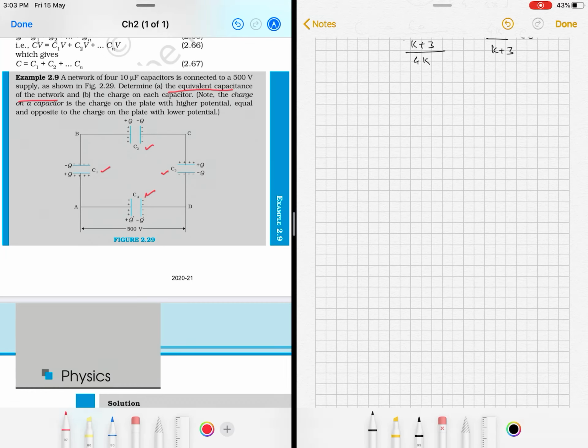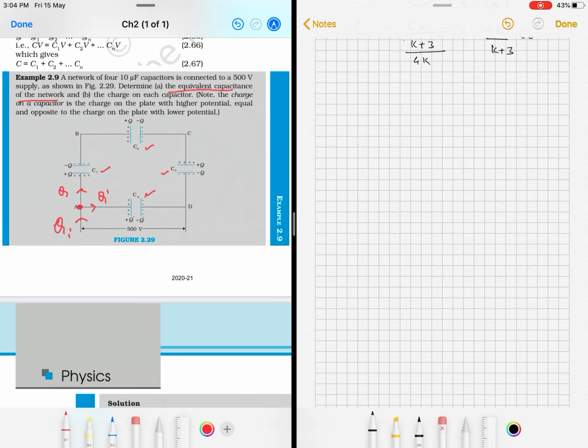Here the battery is connected. Suppose some charge flows from here, the initial charge Qi. This Qi is distributed at this point. Q dash goes in this branch and Q in this branch.